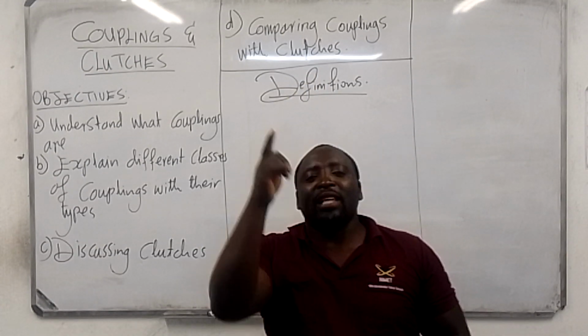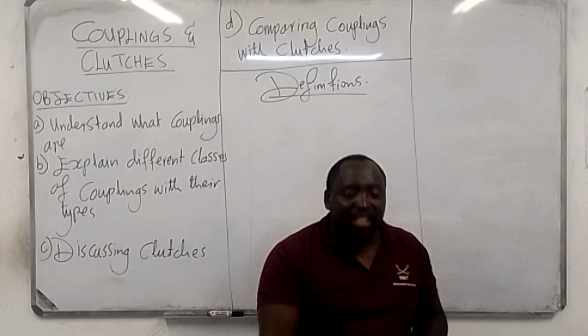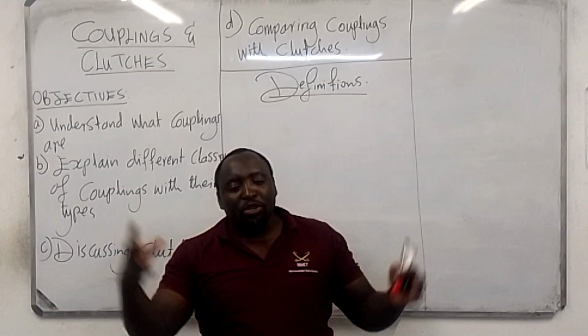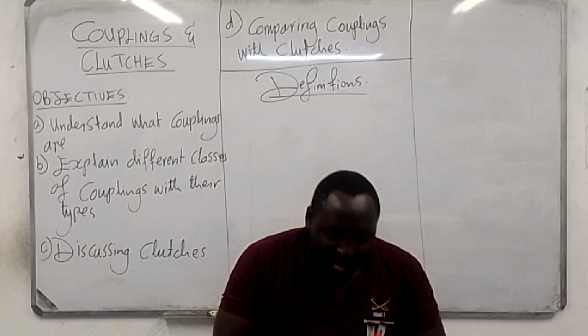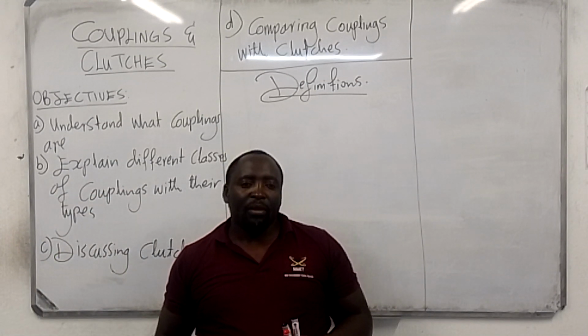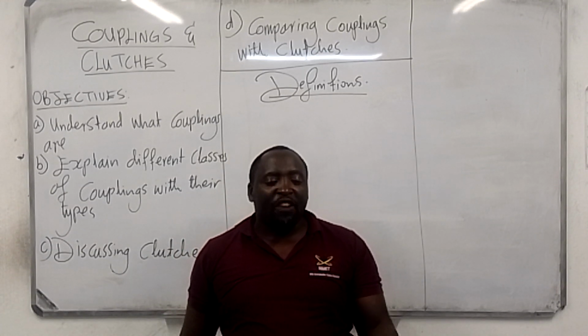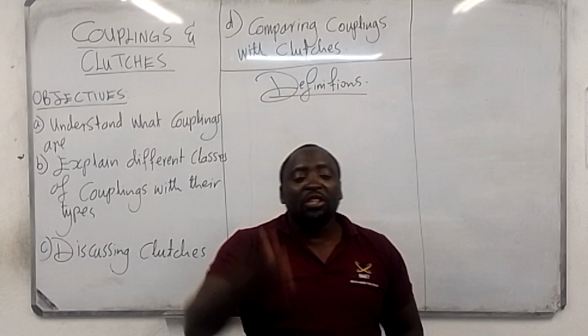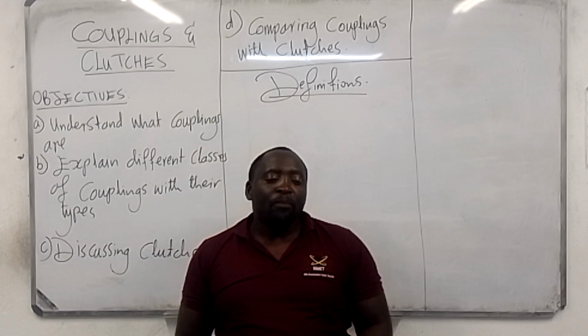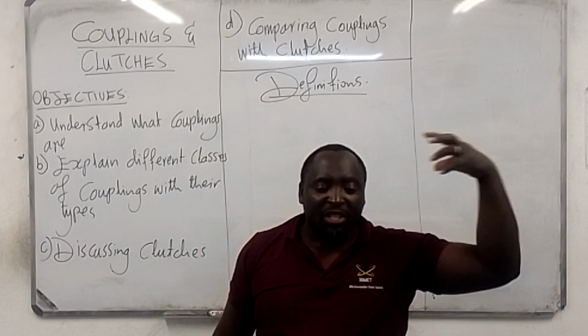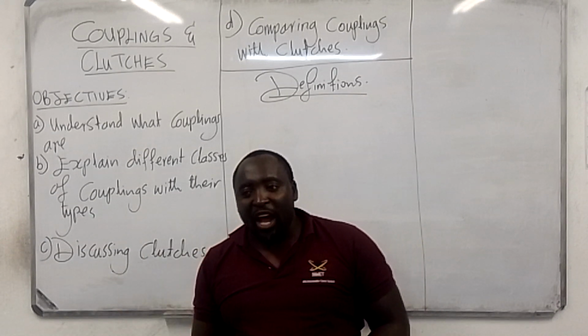So a coupling is a mechanical device that is used to join two shafts together, so that motion can be transmitted from the driving shaft to the driven shaft, or torque can be transmitted from driving shaft to the driven shaft.